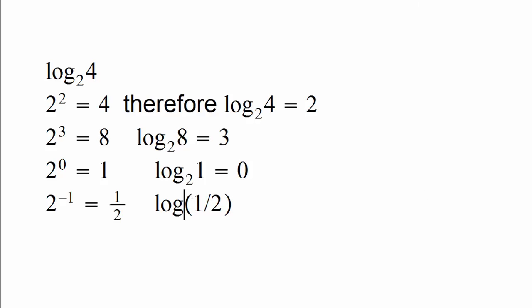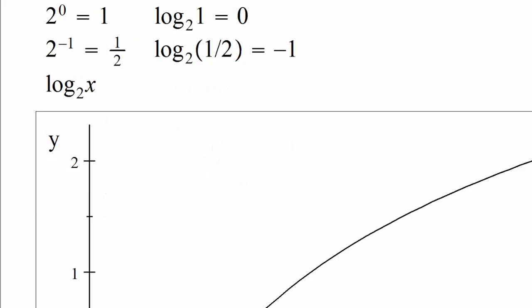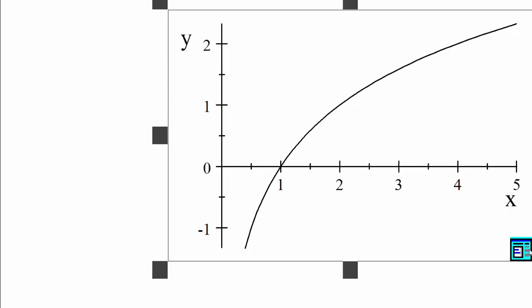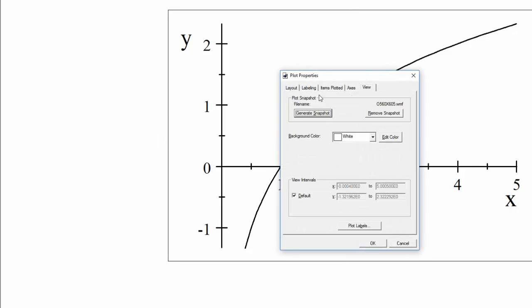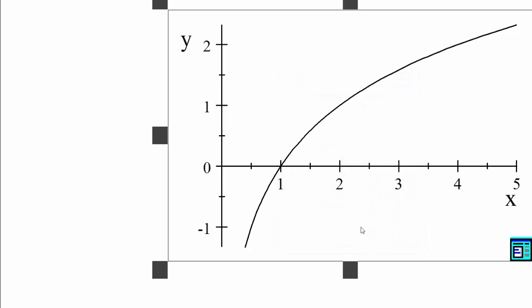Okay, so that's how these are related, and we can go ahead and make a graph of this function here. So here is a graph of the function log of x with base 2, and let me put equal axes here.